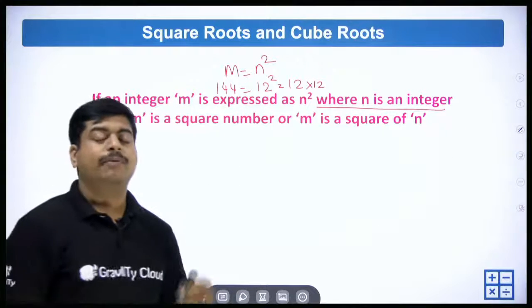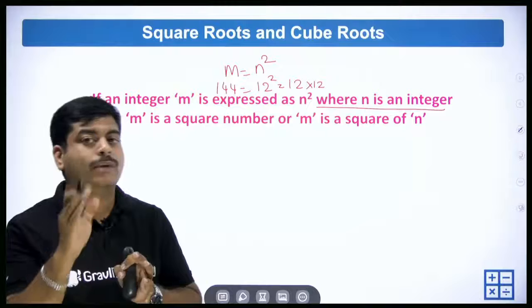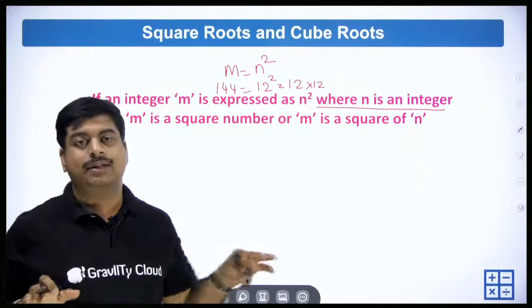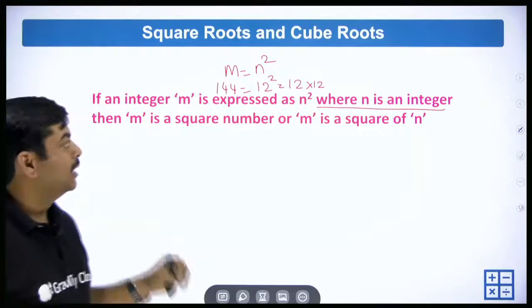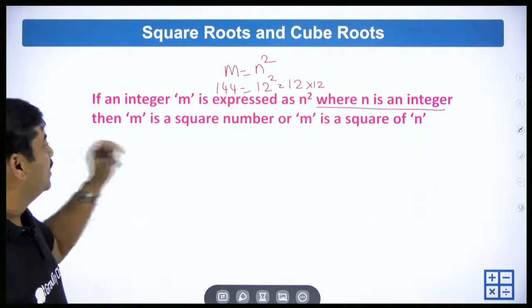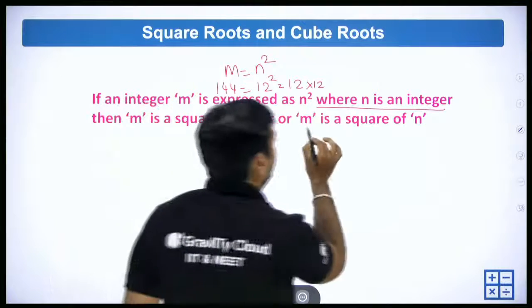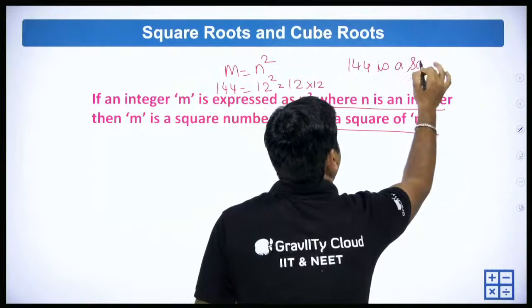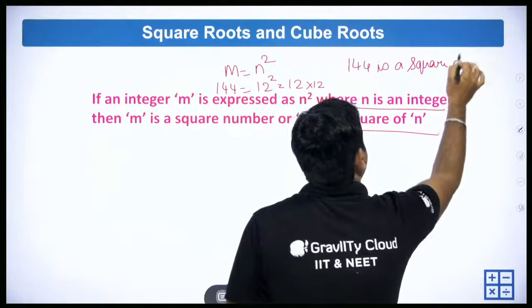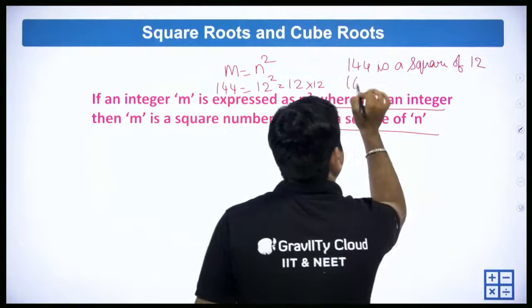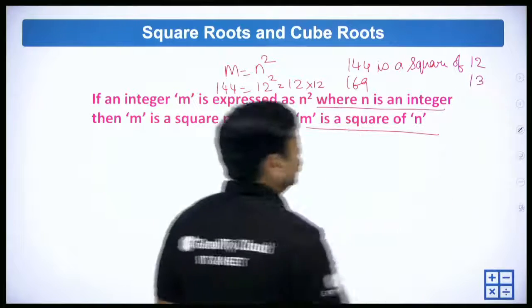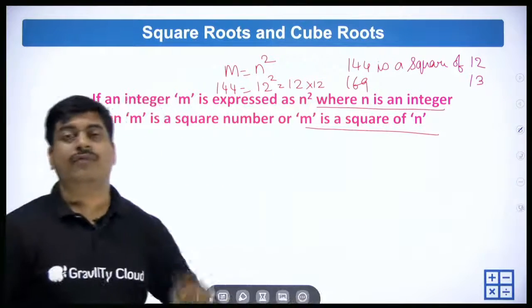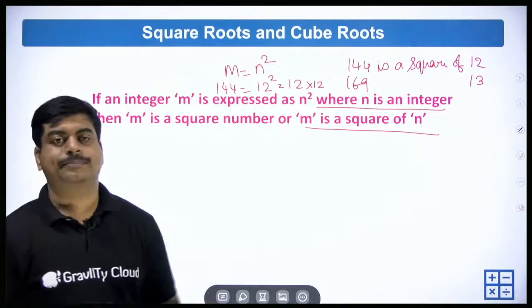That's the reason that in the earlier example, we have 1.2 into 1.2, and we are not considering that a square number. So we need integers. Then we say m is a square of n. 144 is a square of 12. 169 is a square of 13. 225 is a square of 15. A perfect integer should be there in place of n.